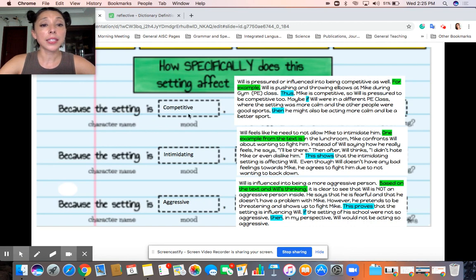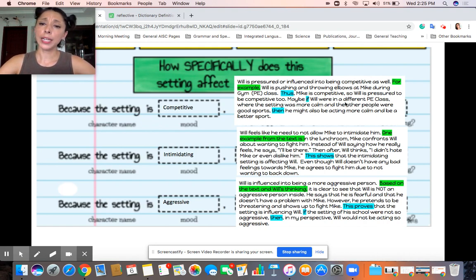Because the setting is competitive, Will is pressured or influenced into being competitive as well. For example, Will is pushing and throwing elbows at Mike during gym or PE class. Thus, Mike is competitive, so Will is pressured to be competitive too.